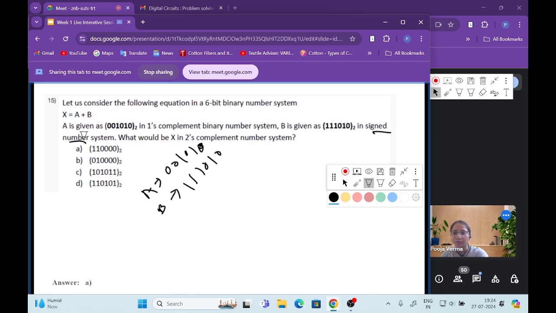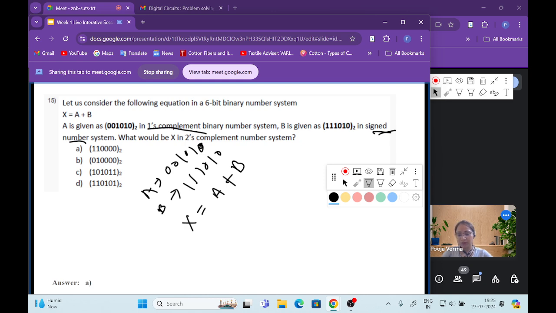It is specified here. So what would be x in 2's complement number system, that is a plus b?